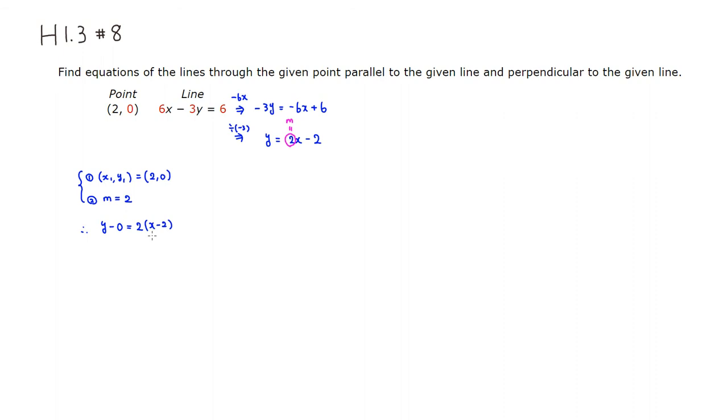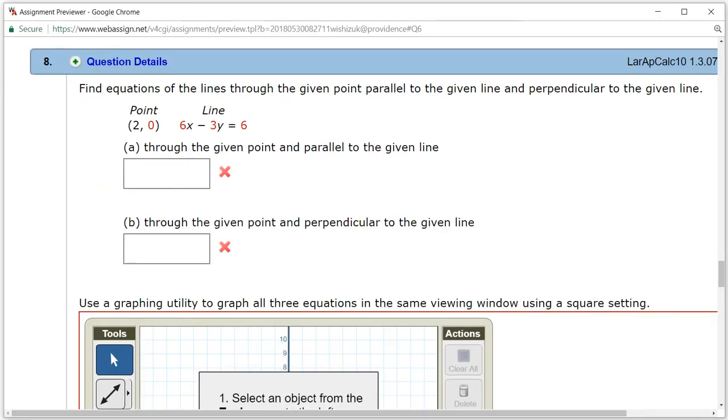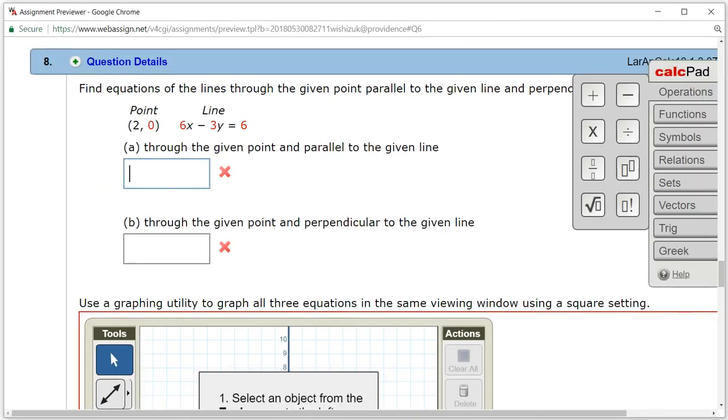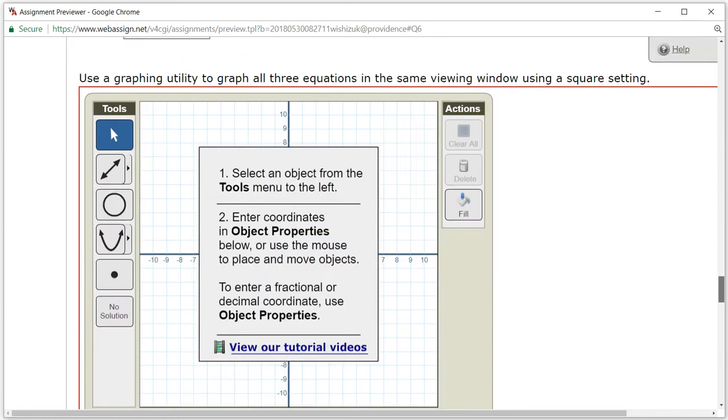If you simplify that, y is equal to, distribute 2 to x and negative 2, so 2 times negative 2 would be negative 4. Let's type it in. We got y is equal to 2x minus 4.